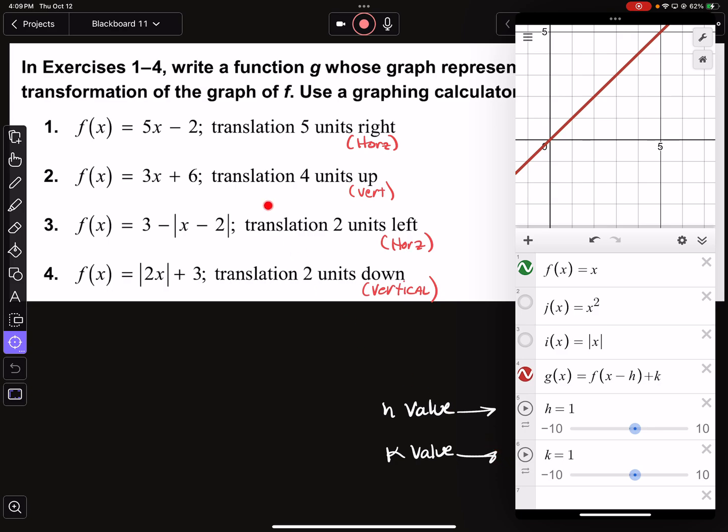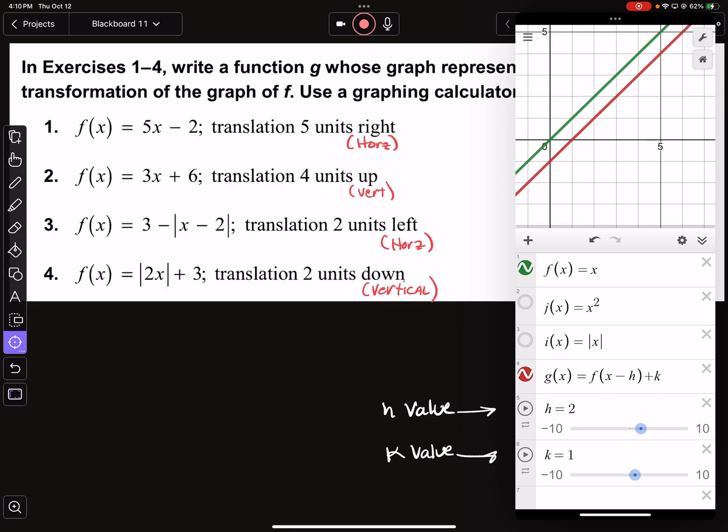Now, I happen to know because we want to do left and right translations, I want to play with the h. And watch what the h does. You'll see the graph. I'm going to make the h into a 2. 2, right there. And if you take a look at what that's done to my function, it looks like it has shifted it just right by 1.